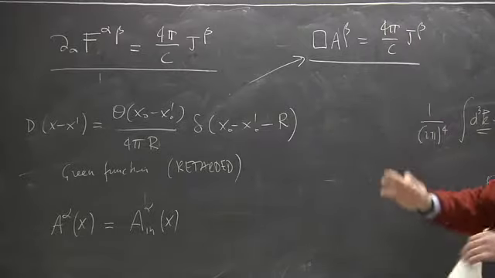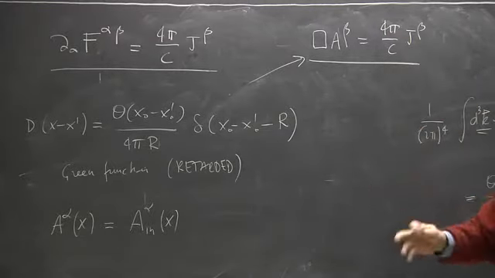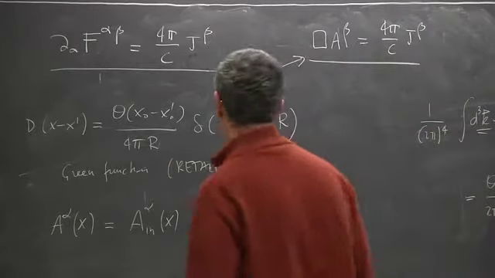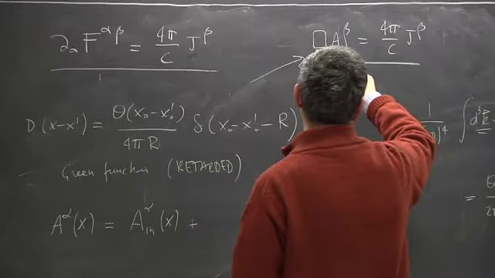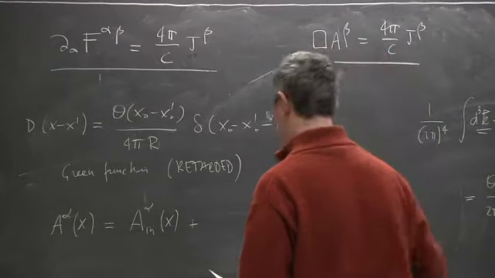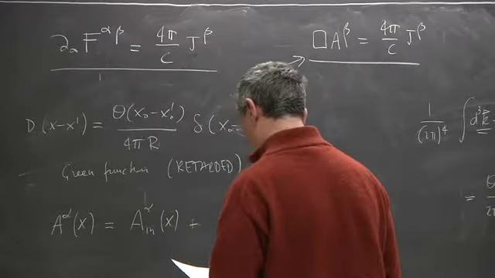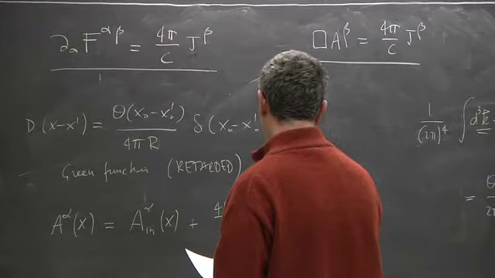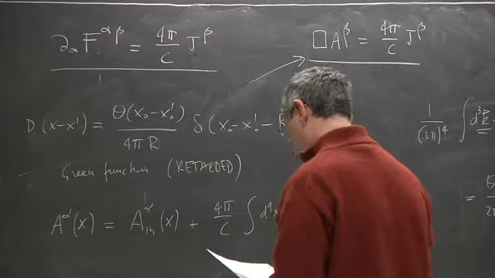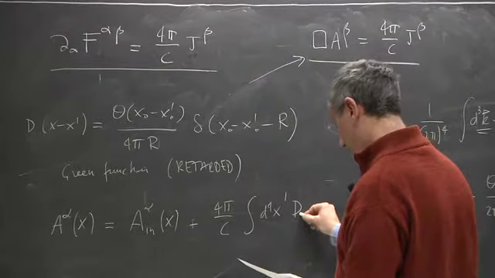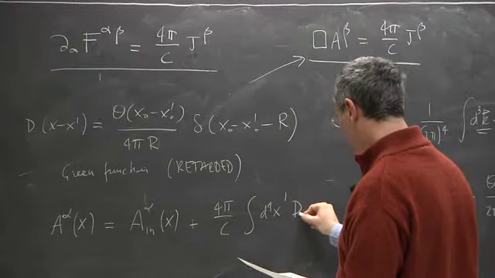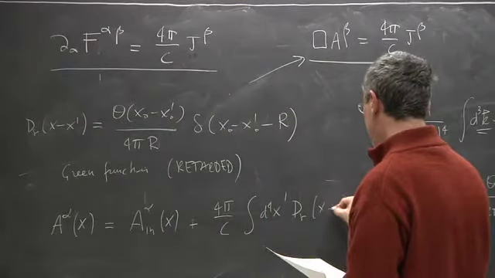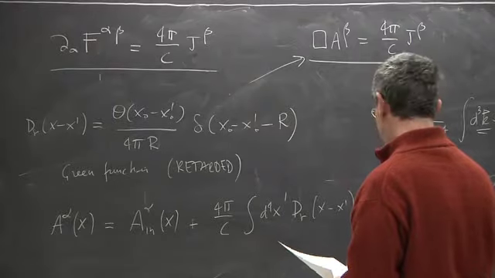So whatever is there before you introduce the sources, maybe an electromagnetic wave passing by, plus the particular integral of this inhomogeneous equation that I write in terms of 4 pi c, the integral over d4x prime, the retarded Green function, let's call it r, of x minus x prime, times j alpha of x prime.